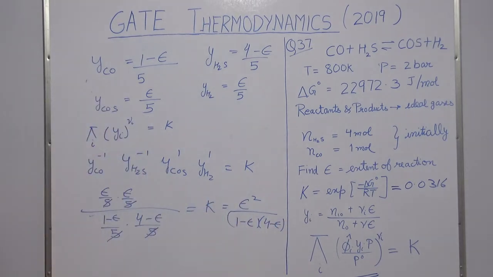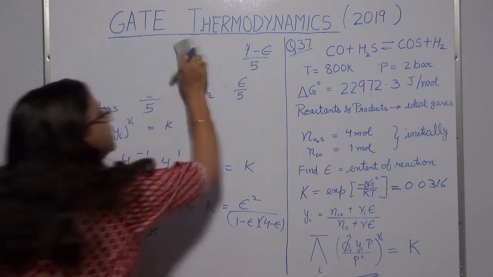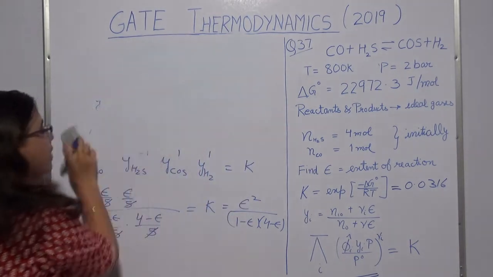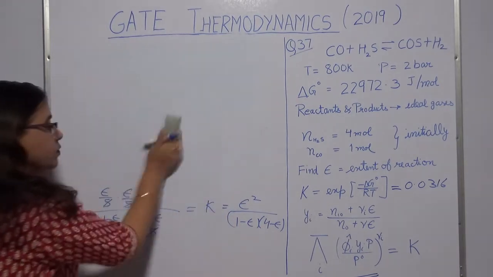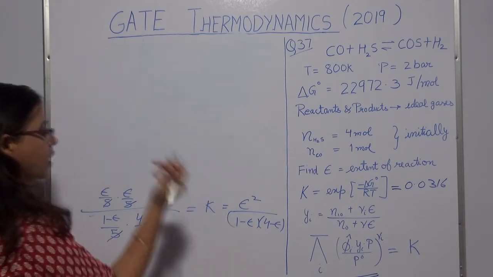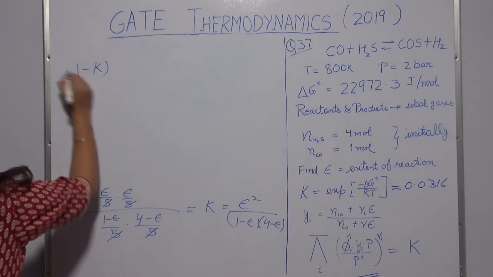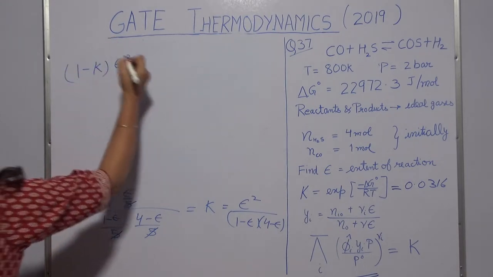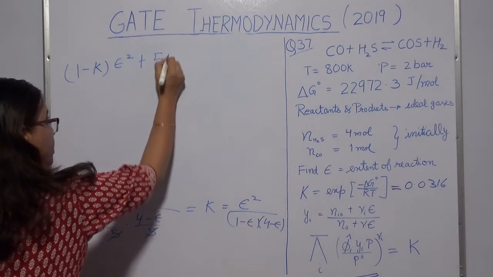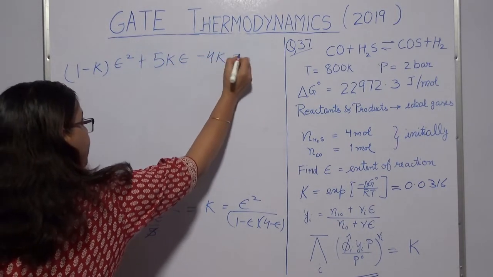So what you have now is a quadratic equation, which you have to solve. Let's solve and find out the values. If you simplify this equation, I am going to directly write it and separate the coefficients for epsilon square and epsilon, and you get this equation in terms of epsilon and k.